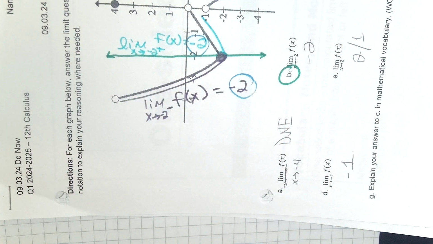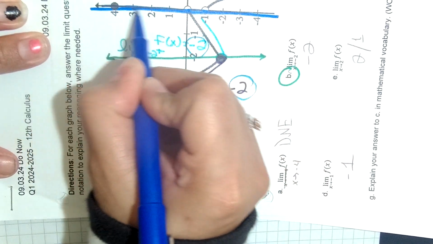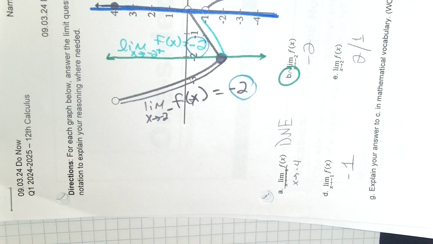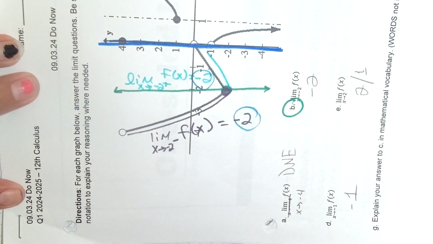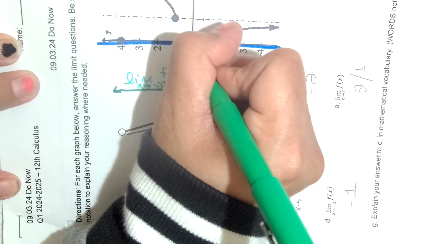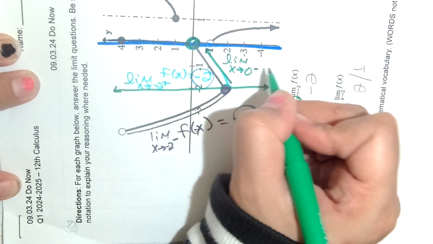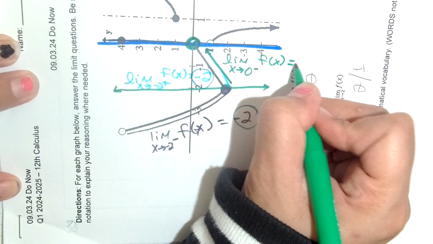Okay? Now let's look at 0. If we go from the left side, we get to this point. So it's the limit as x approaches 0 from the left of f of x, gives me 0.